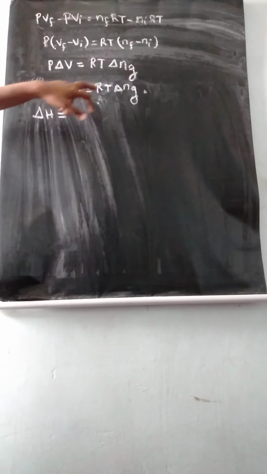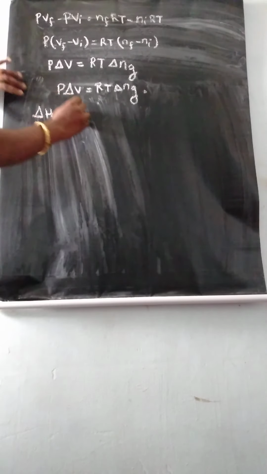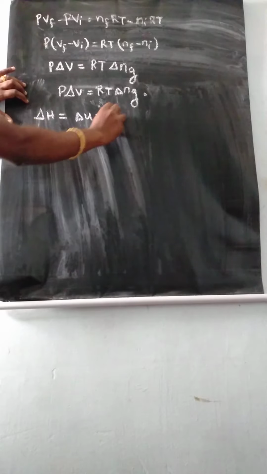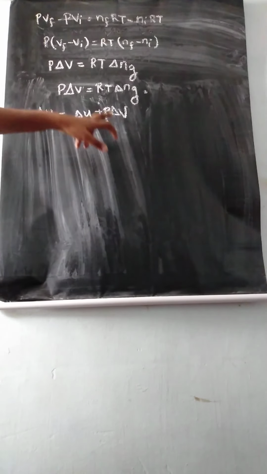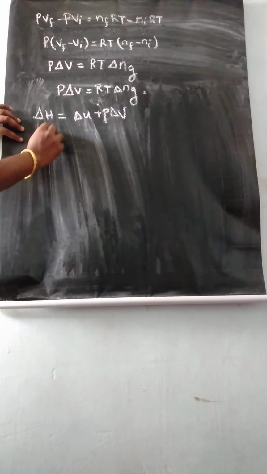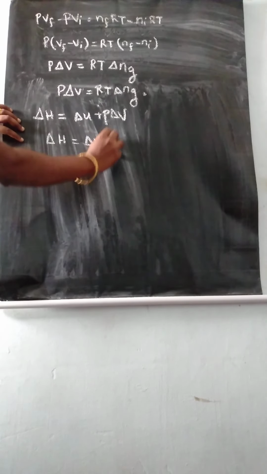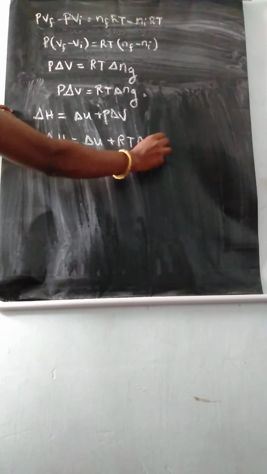You know the formula for enthalpy change: delta H is equal to delta U plus P delta V. If you substitute P delta V as RT into delta Ng, delta H is equal to delta U plus RT into delta Ng.